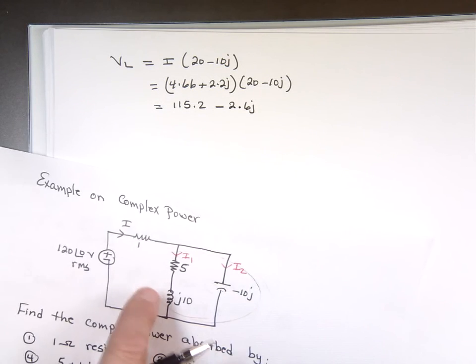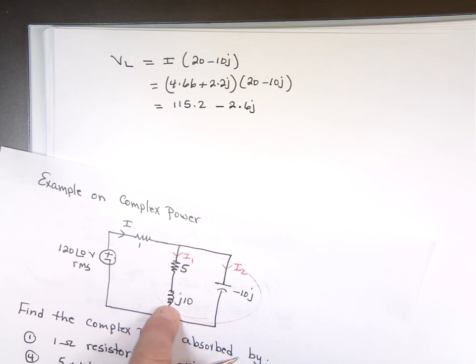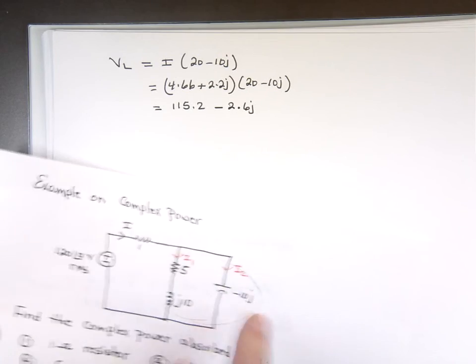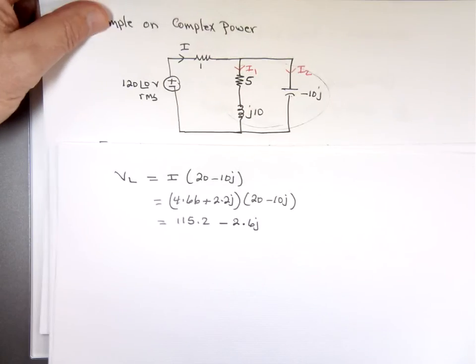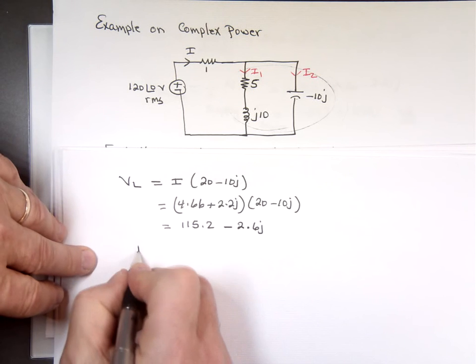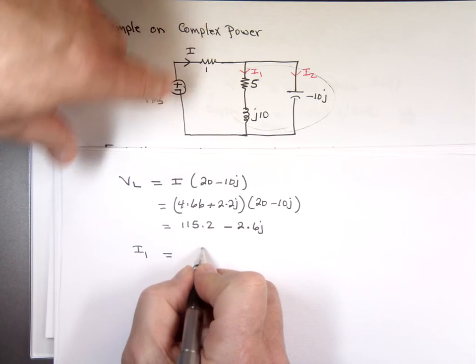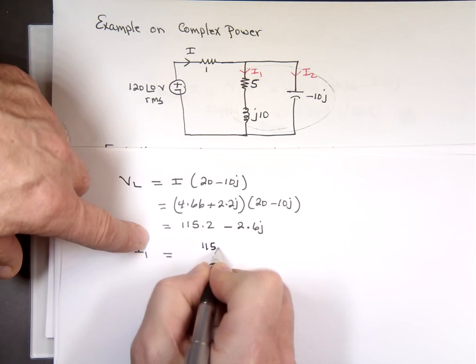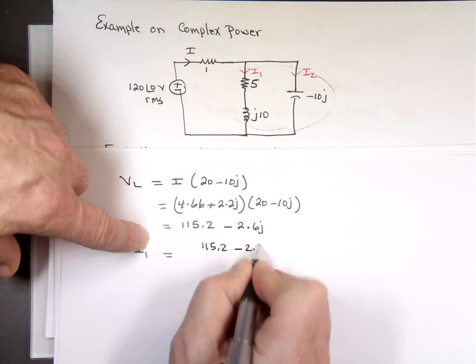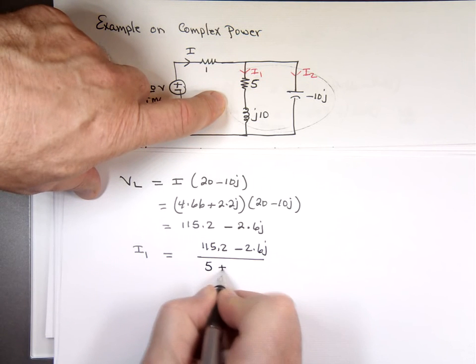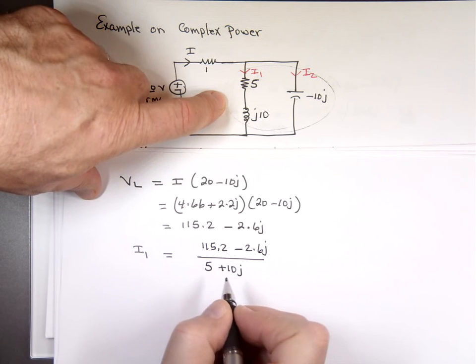V over this, that's I sub 1. V over that, that's I sub 2. So if you want to find I sub 1, it's V, which is what? 115.2 minus 2.6j divided by 5 plus 10j. And I sub 2 will be what?